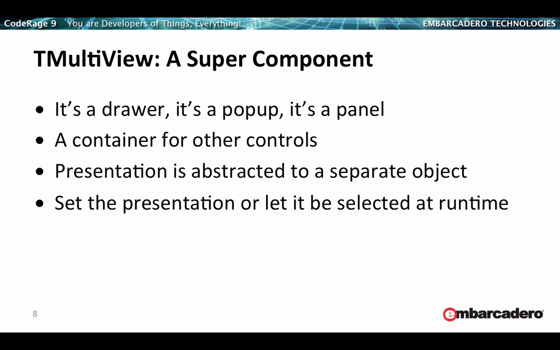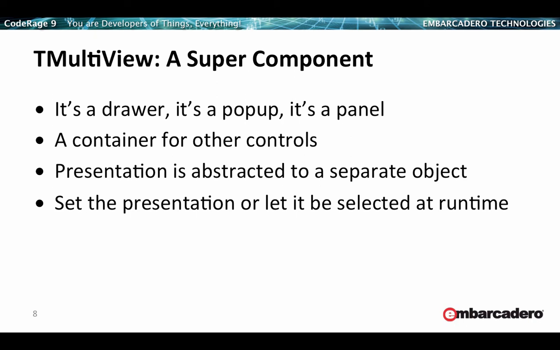At its base, Team Multiview is a container control, kind of like a panel. It can hold individual controls like buttons, edit fields, list views, or it can host other containers like a tab control. The display and drawing of the panel is abstracted to a presentation class.